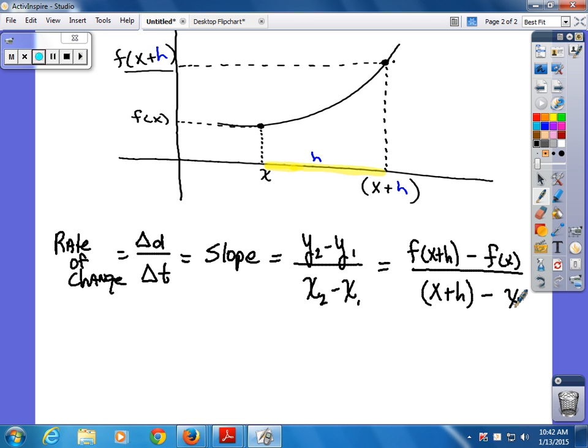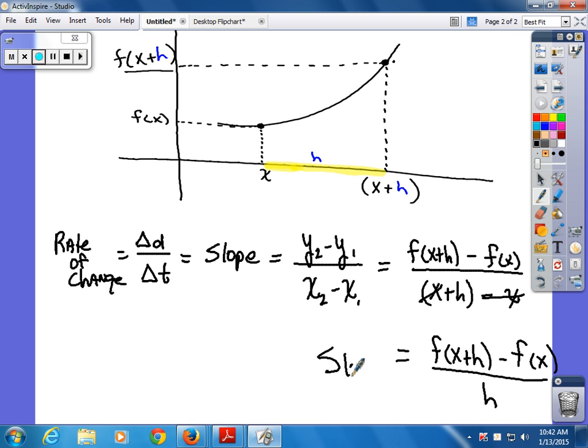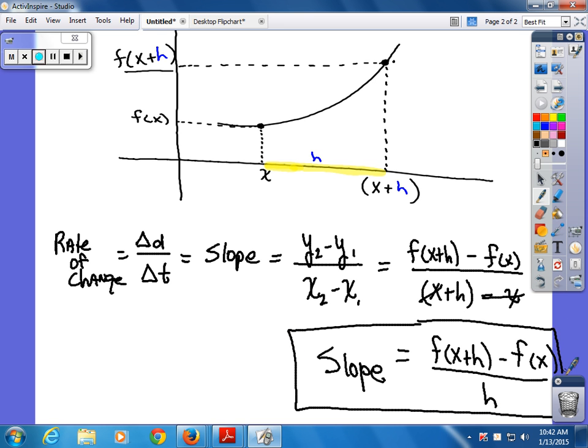And that's going to be equal to f of x plus h minus f of x, over, the x's cancel, h. Now, this is basically your slope for any two points on this line.